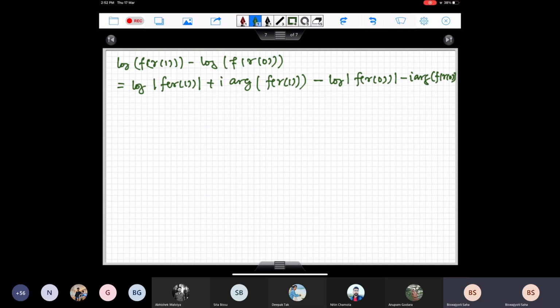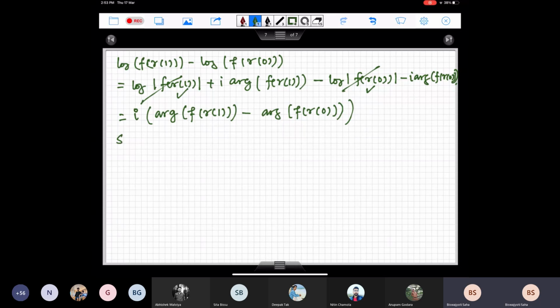Now, I know f of gamma 1 is equal to f of gamma 0, so as complex numbers they are the same. When you take their modulus, they are the same positive real number, so the real logarithm is the same and you can cancel this. Therefore, what I effectively have is that this difference is nothing but i times argument of f of gamma at 1 minus argument of f of gamma at 0.